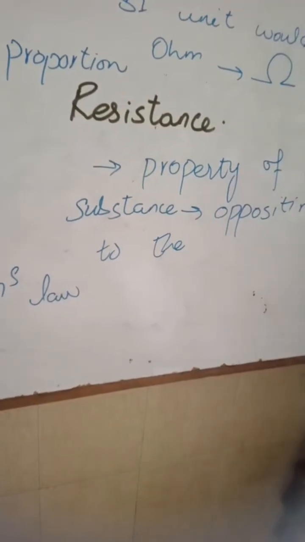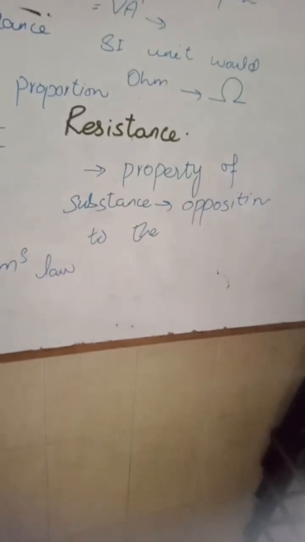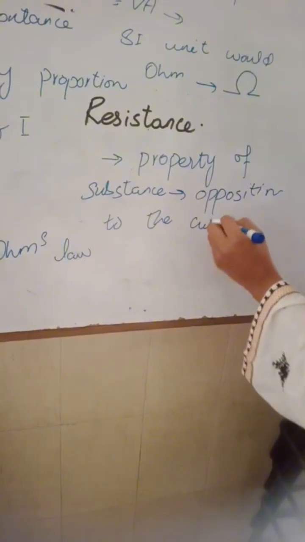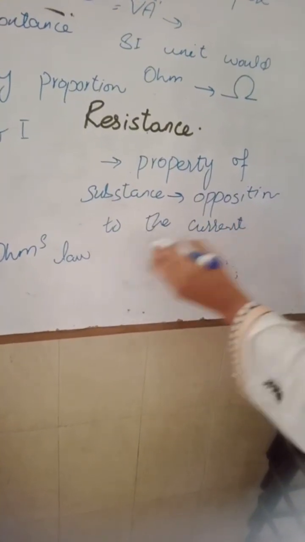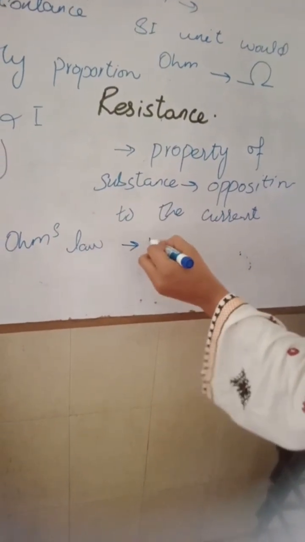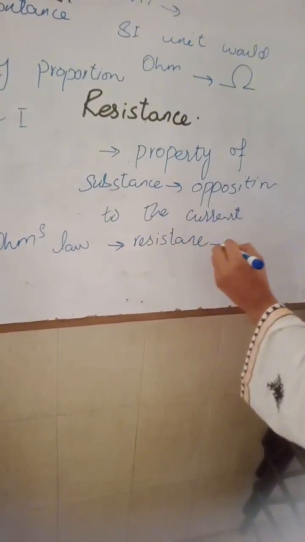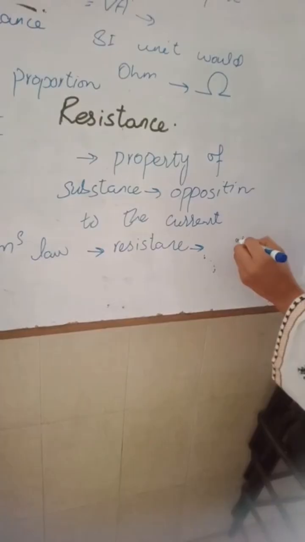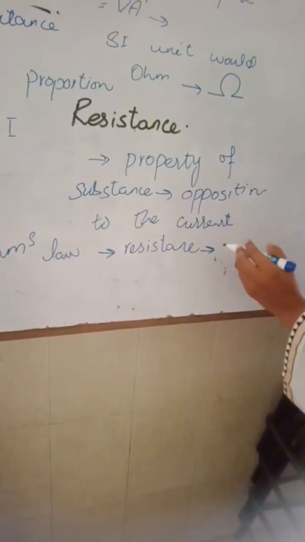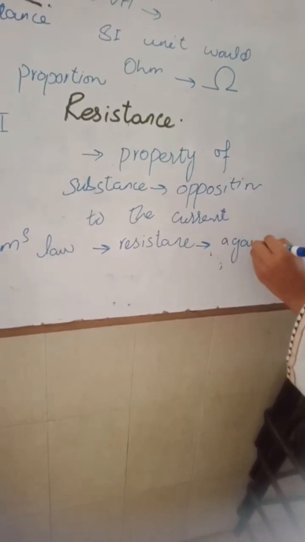It is totally against the flow of current and flow of charge. This is resistance. Resistance means रुकावट, against, opposition कह सकते हैं.